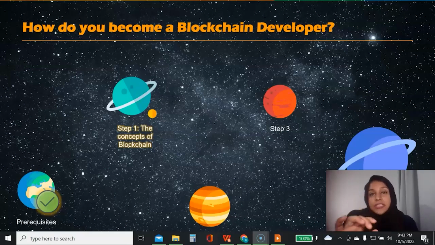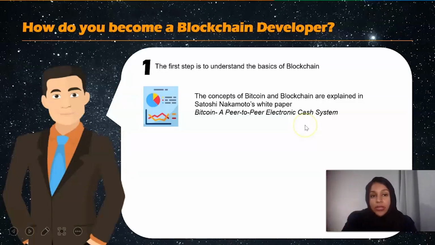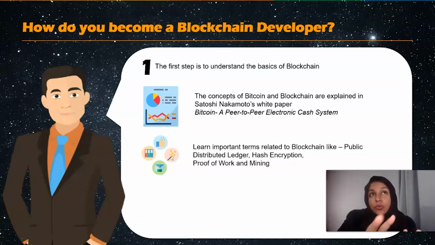So the very first step in this whole system is that you understand the basics of blockchain. To whoever usually asks me this question, I would say it's very important to go backwards to the point where this technology started.